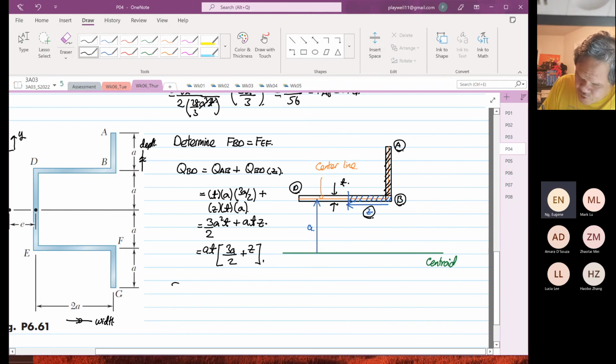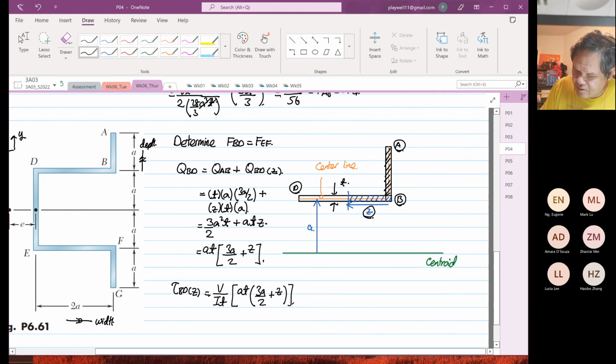Then the shear stress BD as a function of Z is V over IT times the first moment of area, AT multiplied by (3A/2 plus Z).